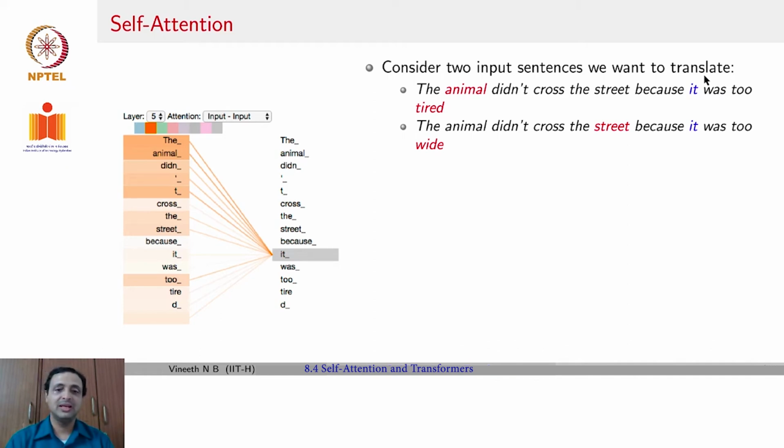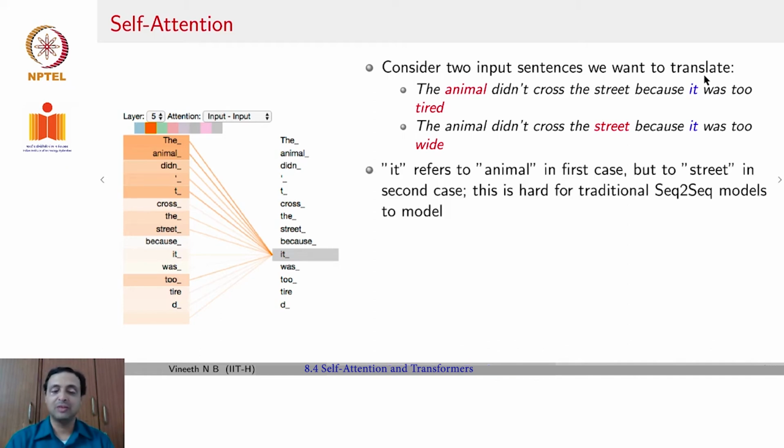For a human, it's evident that the first "it" corresponded to the animal and the second "it" corresponded to the street. But for an RNN-based model, this is difficult to catch, and that's the reason self-attention brings value.